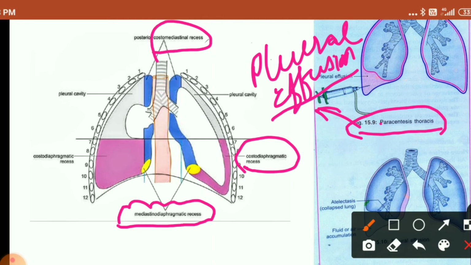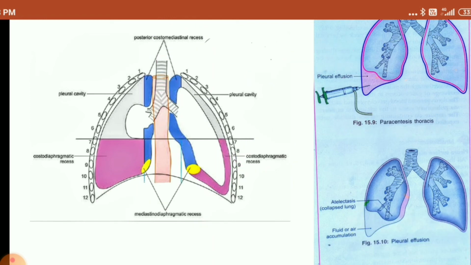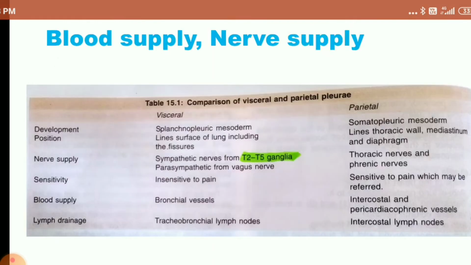So the recesses are actually the important sites where the fluid can be aspirated as a treatment of pleural effusion. Okay. Now here there is another diagram of pleural effusion.